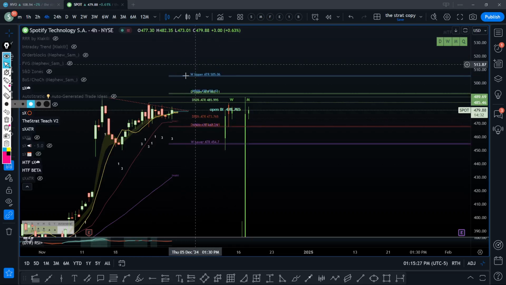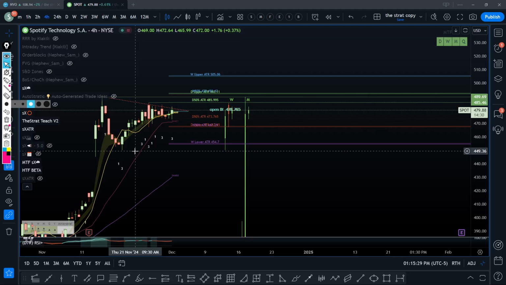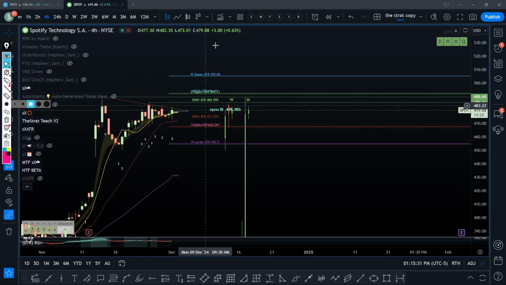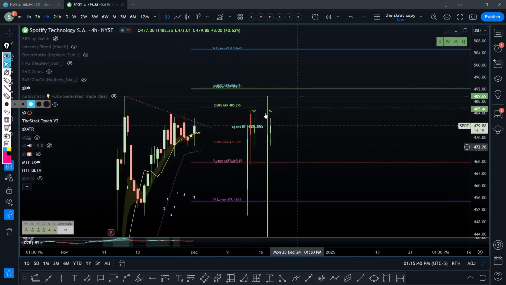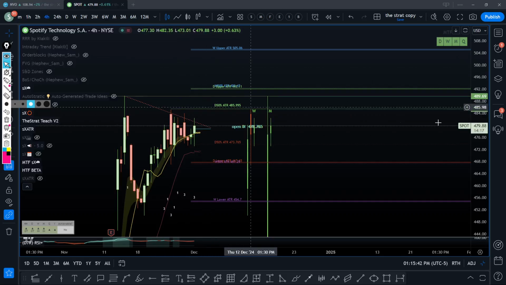So I like to have this on when I'm analyzing what kind of contracts I could potentially get into. So I see, okay, the upper ATR on Shopify is around 505 for the week. So maybe 2 weeks out, I could consider the 505.